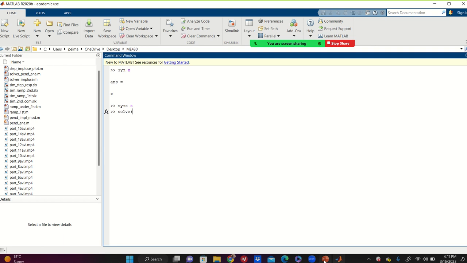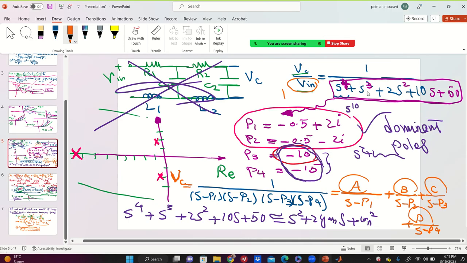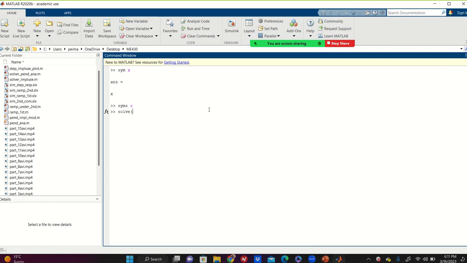What you have to do is type this here, exactly. S to the power of 4 plus S cubed plus 2S squared plus 10S plus 50. Here we go.